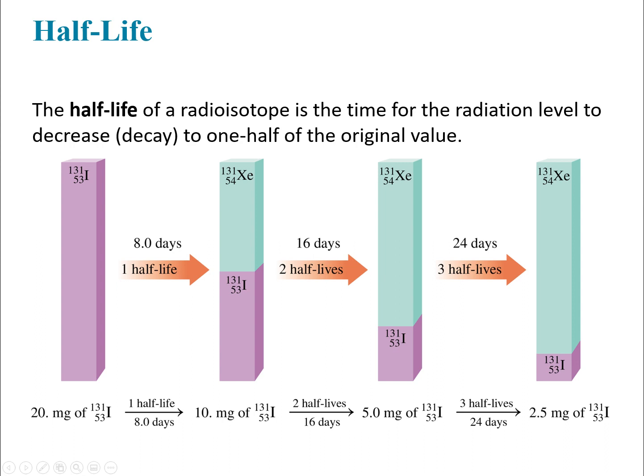So if I start with 20 milligrams of a radioactive isotope and its half-life is 8 days, well, in 8 days, I'm going to have 10 milligrams left of that radioisotope. If I wait an additional 8 days for a total of 16 days, that's 2 half-lives, and I now have 5 milligrams. Let me know if this concept makes sense to you about half-lives.